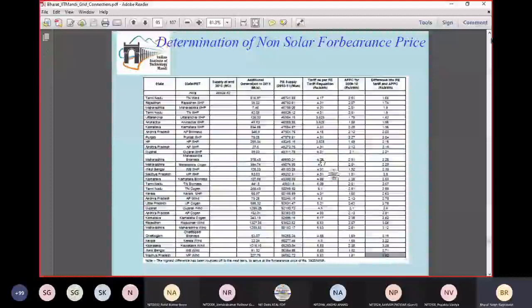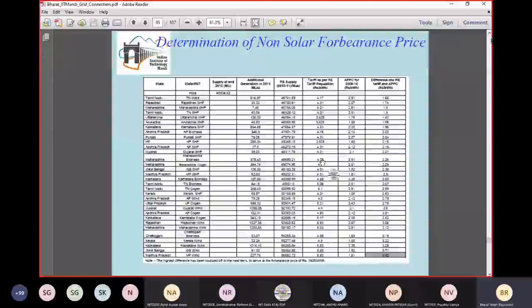Sometimes, to meet the RPO requirements, if a larger number of states are interested in buying the certificate, then the price is not going to stay at the floor price. It will go up to the ceiling price. In that case, some of the renewable energy sources may get a bit of profit.